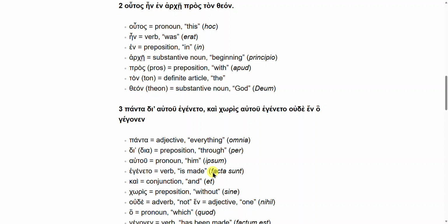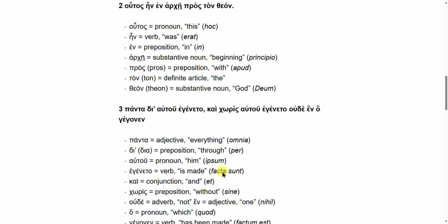This is called periphrasis in translation, where there's really no Latin word that exactly translates this Greek verb, so St. Jerome has to use what's called periphrasis to express the perfect passive form in Latin.